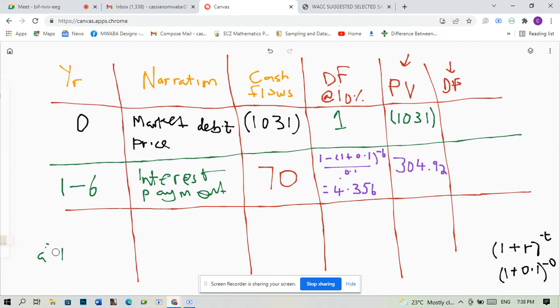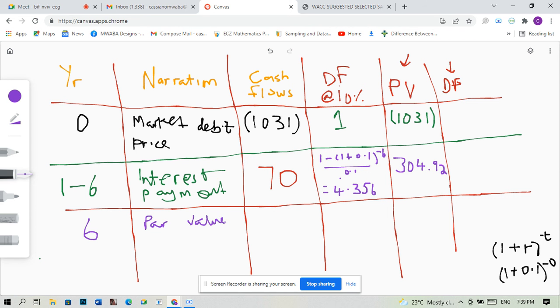Then we're going to put again here year 6, and then the par value or face value, which is 1000.